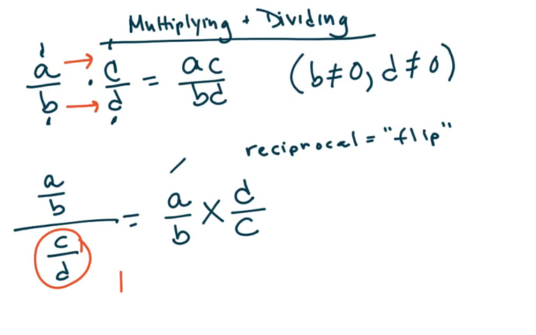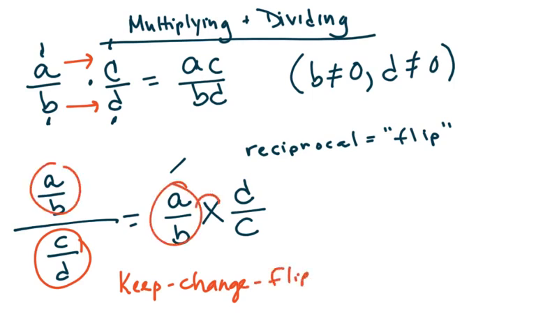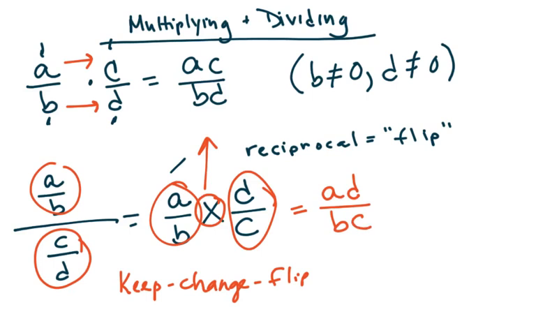Another way we say it is keep, change, flip. We kept the numerator the same, we changed it to multiplication, and we flipped it. And now it's really just like the multiplication rule up here, so your product will be a times d over b times c. And what cannot be 0 in these questions is b can't be 0, d can't be 0, but also c can't be 0.